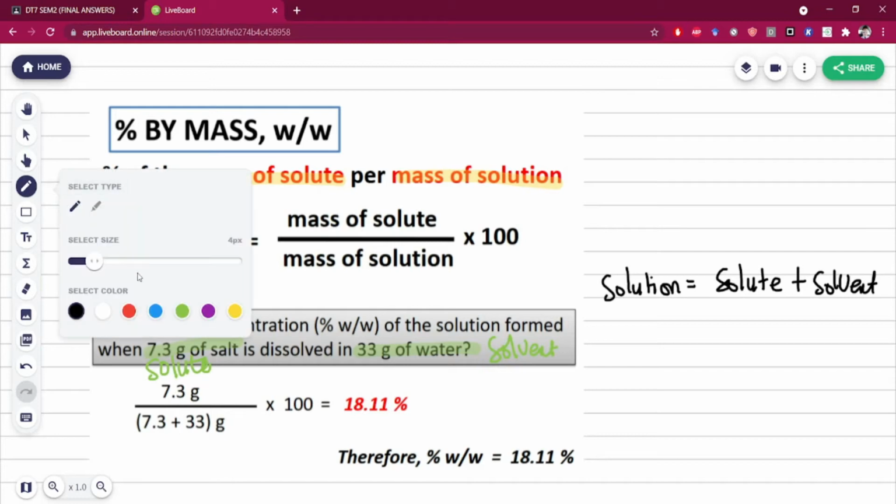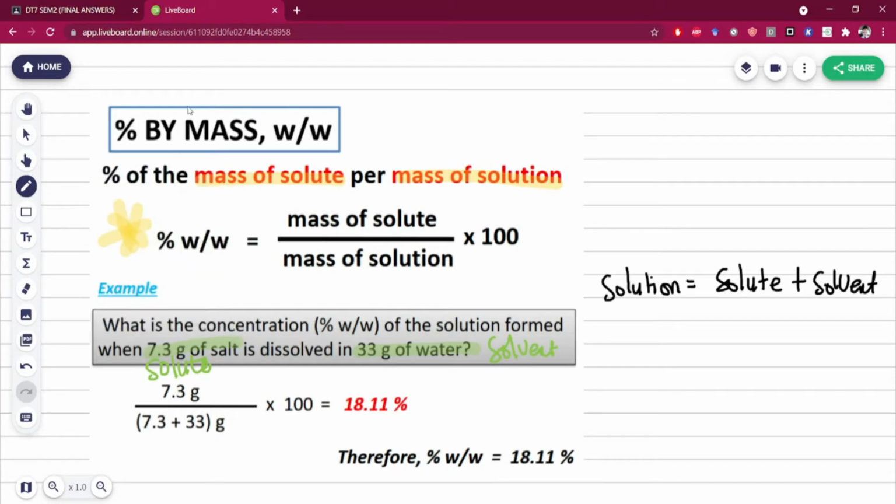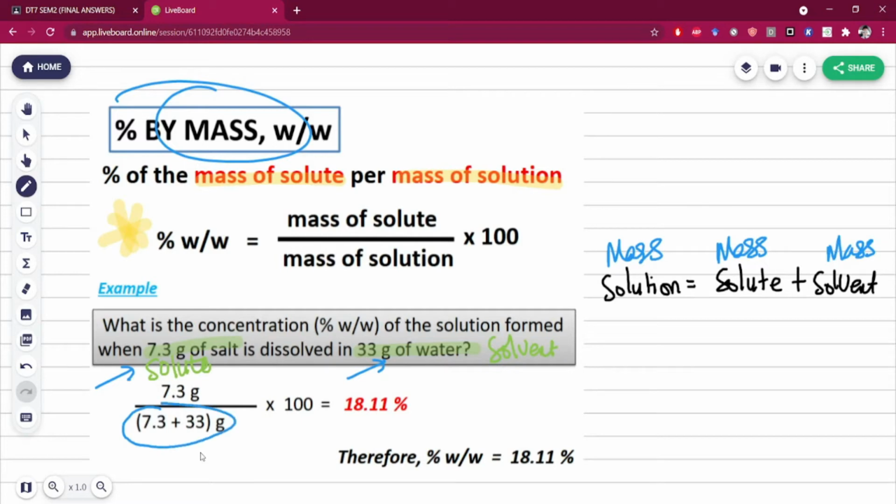In this case, since we're talking about mass, we have mass of solution is equal to the mass of solute plus mass of solvent. That's why we have 7.3 plus 33 grams down there. And the answer is 18.11%.